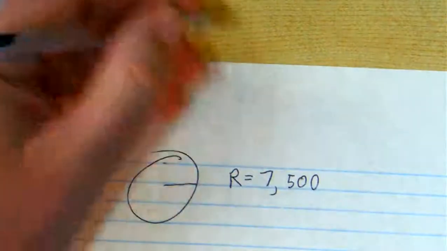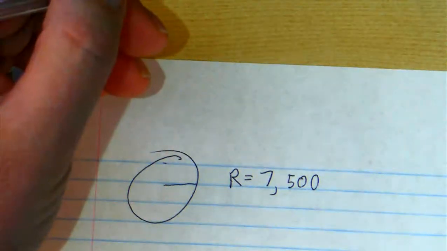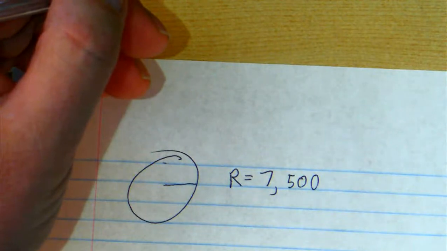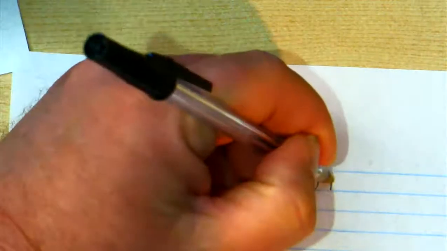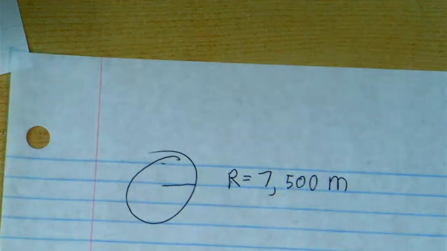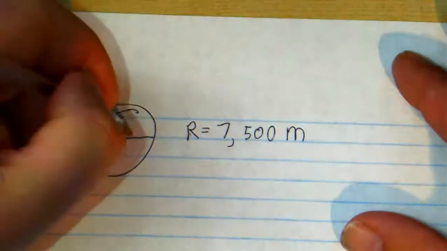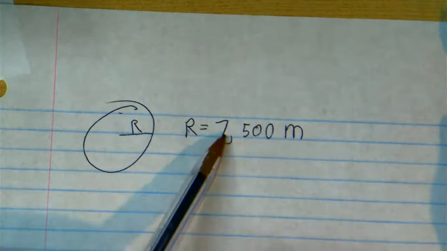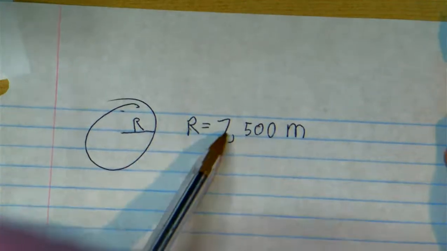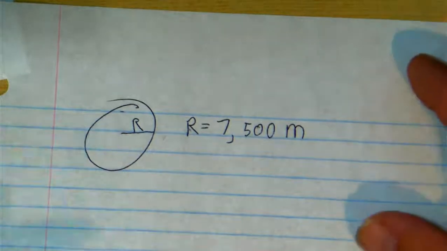So it's more than a mile, is that right? 8,000 meters is 5,000 feet. So this is almost 1 mile in radius. So it's approaching 2 miles in diameter.